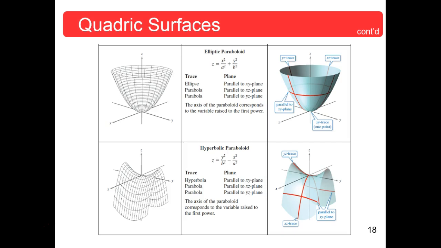But if this is positive, then y over b has to be greater than x over a for this z to be positive. So then you're up here. Okay, this gives you a parabola.